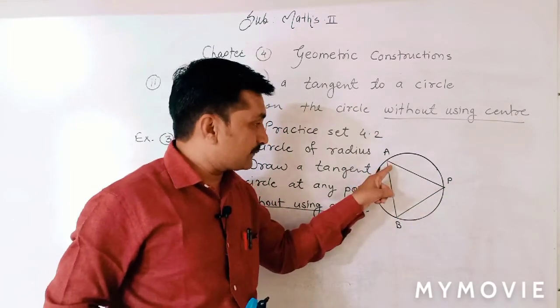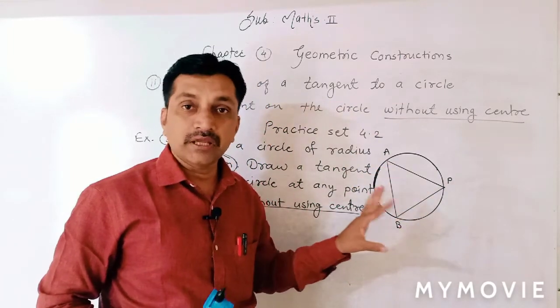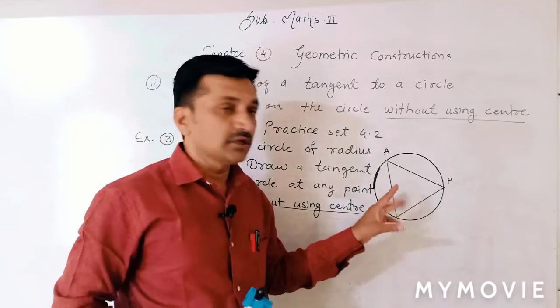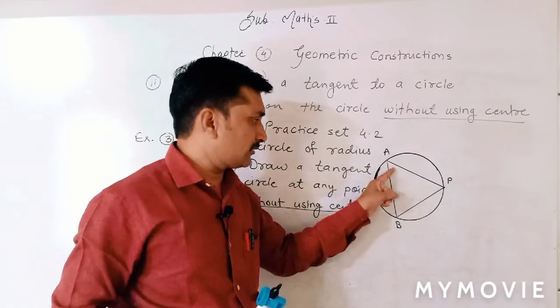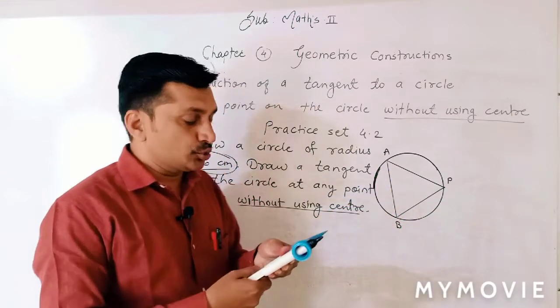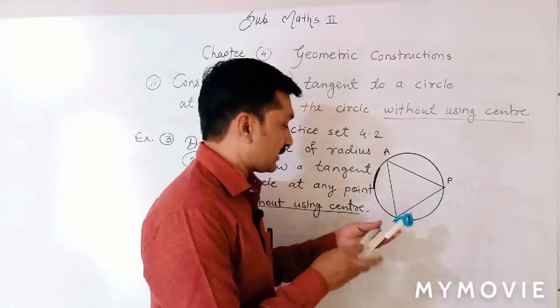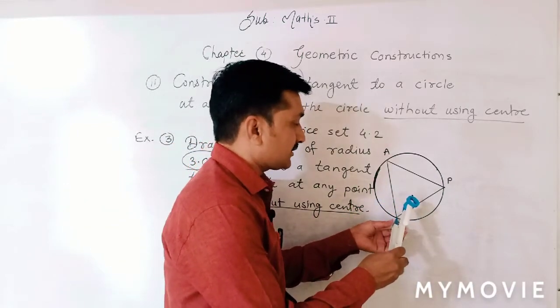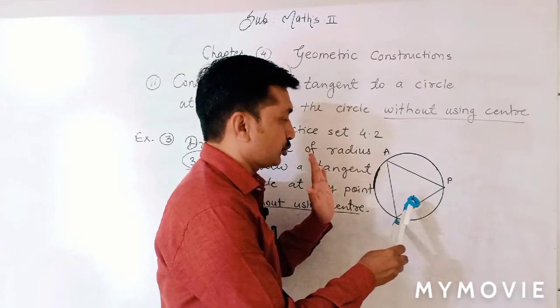Either you take point A or point B, any one angle, because here two angles are there, angle A and angle B. Therefore you can take any vertex or any angle. I take B here; you can take A also if you want.